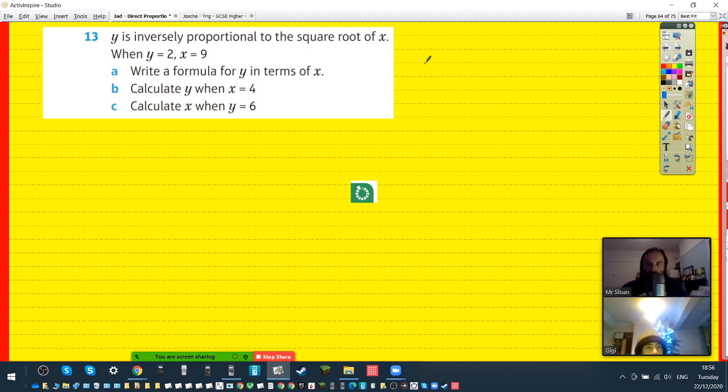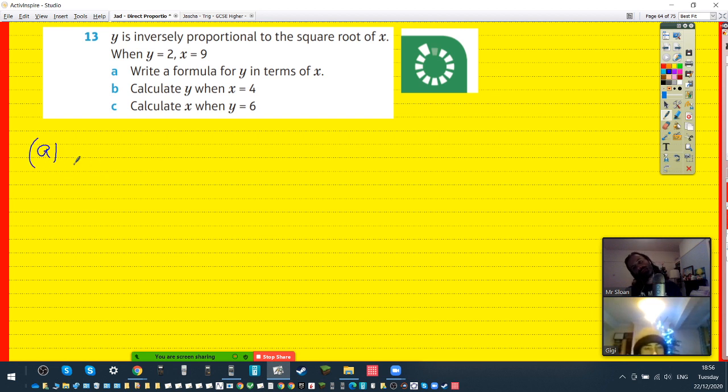Okay. How about this? y equals 6 over x cubed. I mean, square root of x. Yeah. 3.